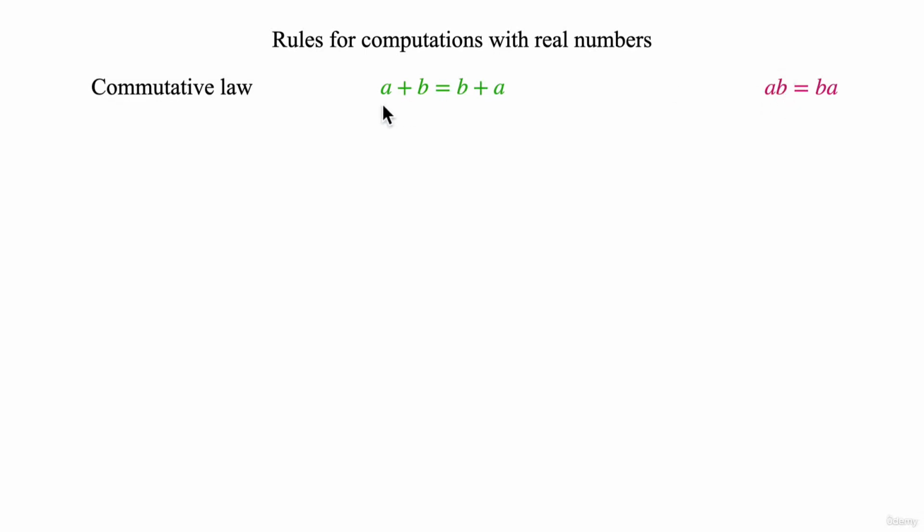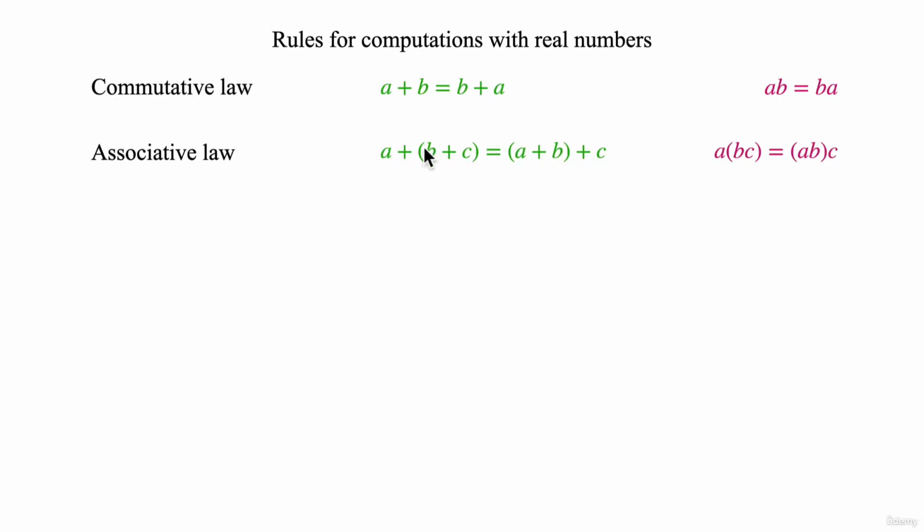So 1 plus 2 or 2 plus 1 gives the same result. And the same with multiplication: 3 times 7 is the same as 7 times 3. It should be obvious.